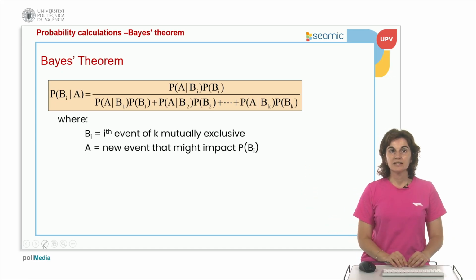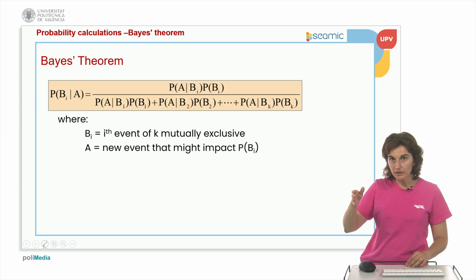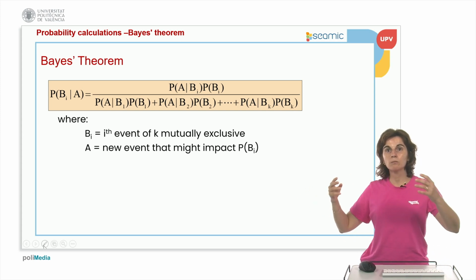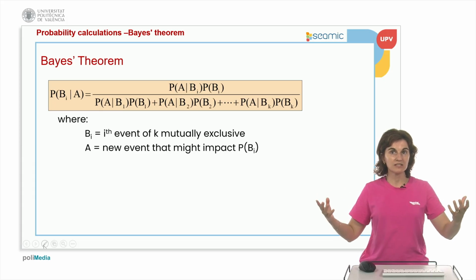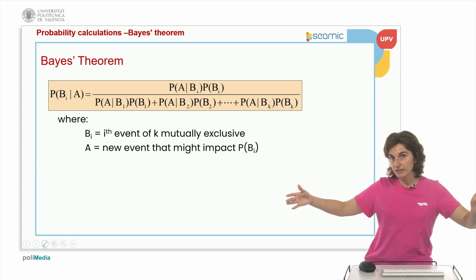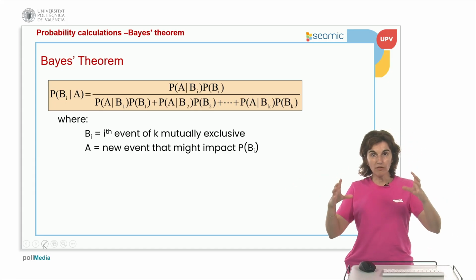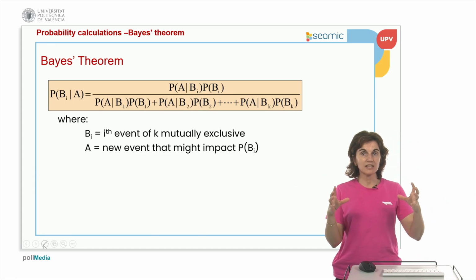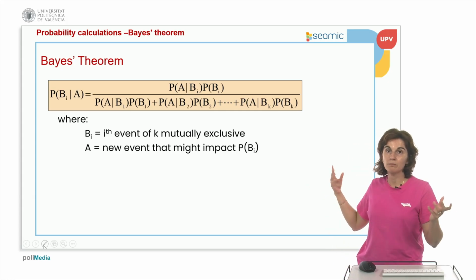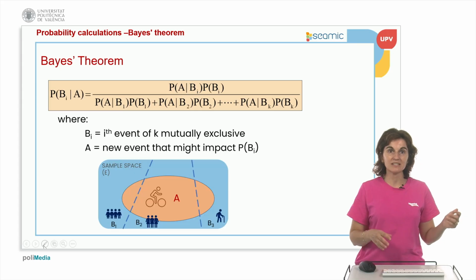So here you know that Bi represents each of the partitions, each of the incompatible, mutually exclusive events that were defined as a partition of the sample space. And there is another event which is A, and that's interesting for us and may have an impact on B, or vice versa.